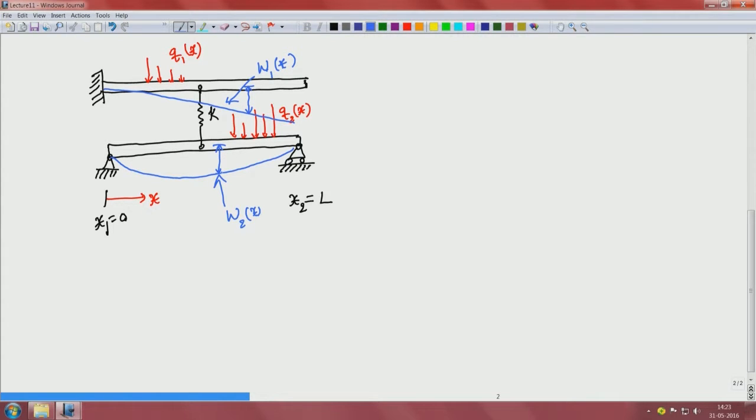Okay. Now, if we use the principle of minimum potential energy for this problem, that means that we would like to minimize this.